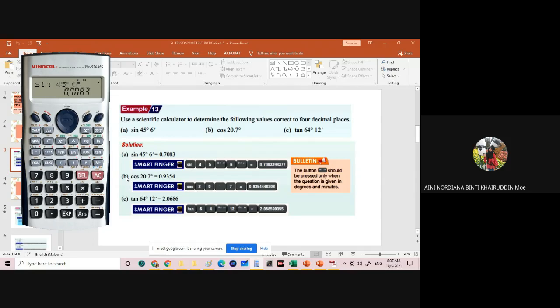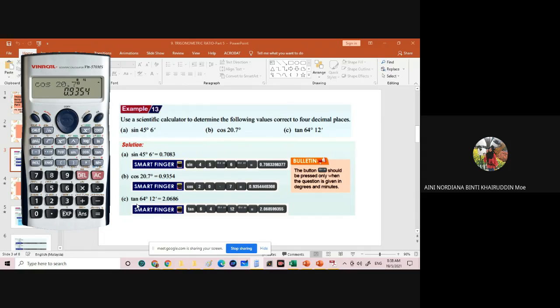Okay, now we do B, cos 20.7 degrees. Press the cos button, 20.7, then press the degree button, then press equal. The calculator will give you the answer correct to 4 decimal places, which is 0.9354, same as your textbook.